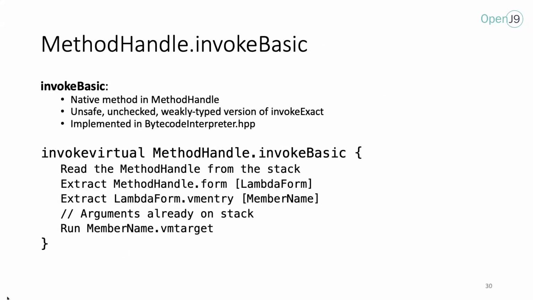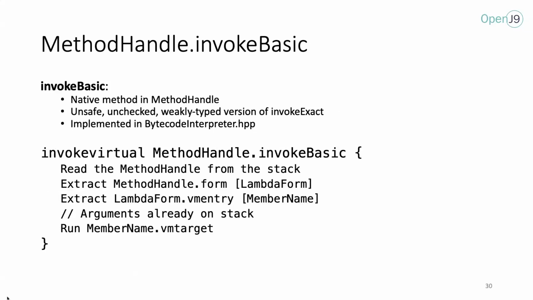So invokeBasic is an unsafe, unchecked, and weakly typed version of invokeExact. It is described as an INL in the bytecodeInterpreter.hpp file.